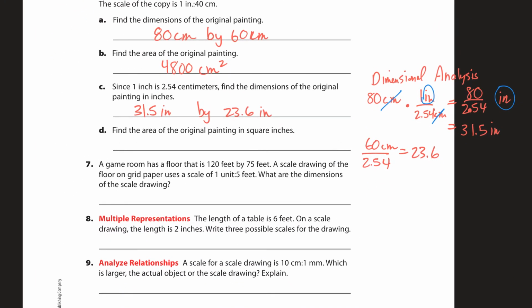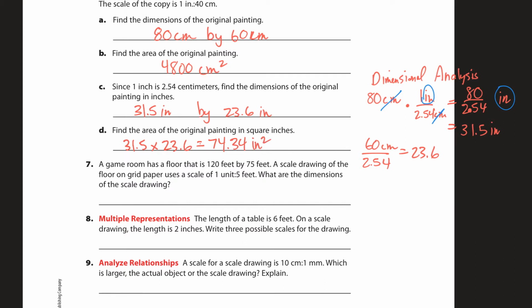Okay, so the next one. Find the area of the original painting in square inches. Oh, that's going to be easy. That's just 31.5 times 23.6. 23.6 times 31.5 is 74.34 square inches.